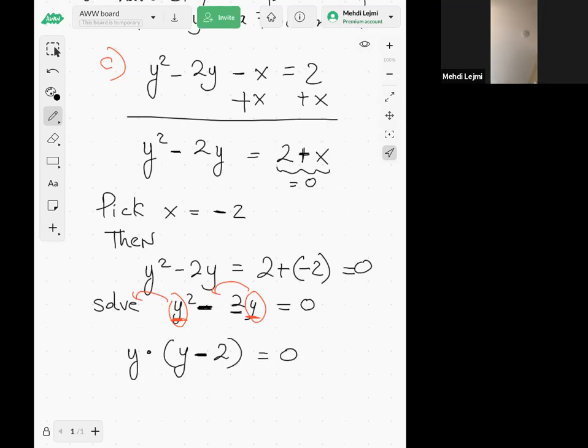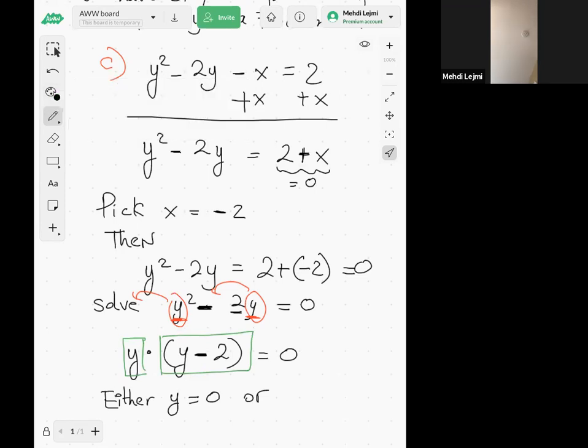And then you can just say, well, this is a product of two numbers equal to 0. So a product is 0 if one of the numbers or one of the terms is 0. So either this y here is 0, or this y minus 2 is 0.